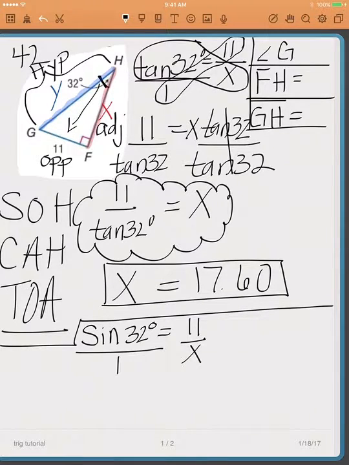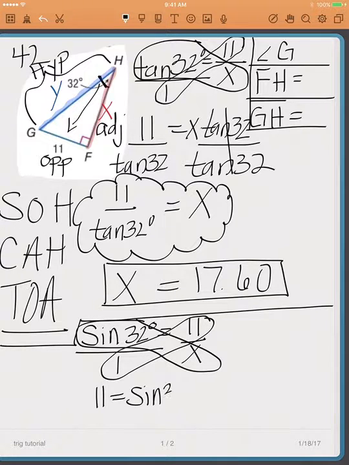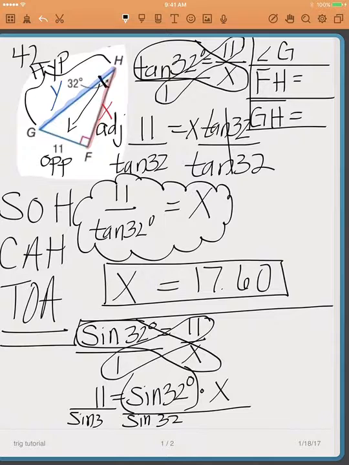So put a 1 under it, cross multiply. I get 11 equals the sine of 32 degrees times y. Divide by the sine of 32.